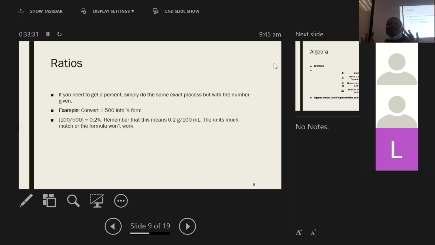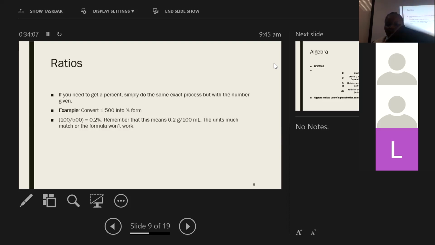So like that, you have it as a decimal. Now I want that answer in percentage form. So what do you do after that? You multiply by 100. So 0.002 multiplied by 100 gives you 0.2. Because you multiplied it by 100, now you have 0.2%.